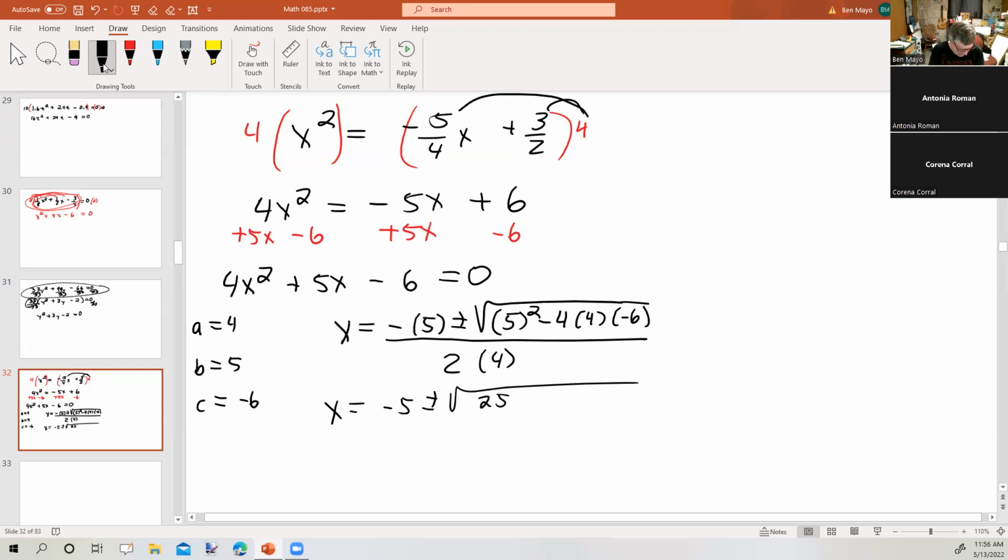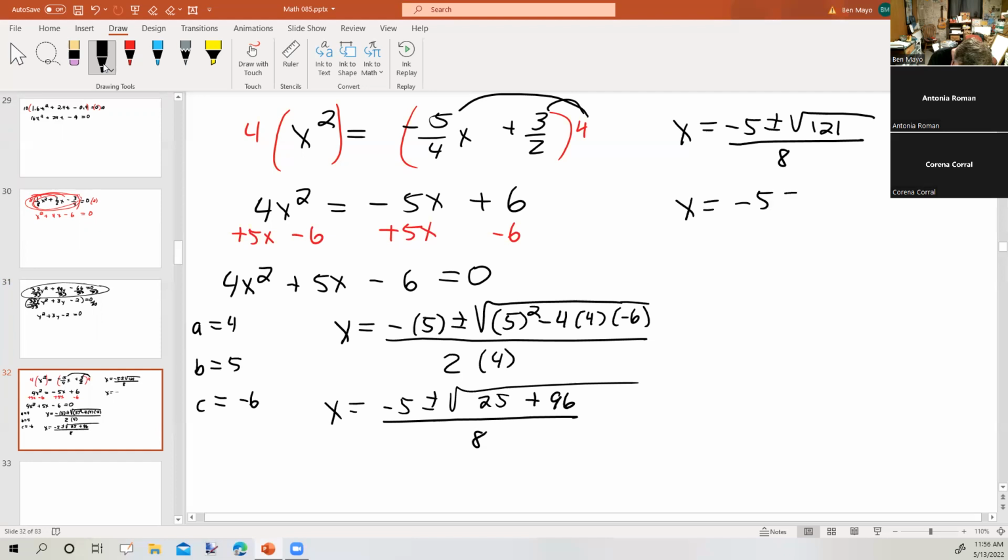So we've got -16, and that's times -6, which comes out to a plus 96 all over 8. X equals -5 plus or minus the square root of, let's see, 96 plus 25 is 121 all over 8.